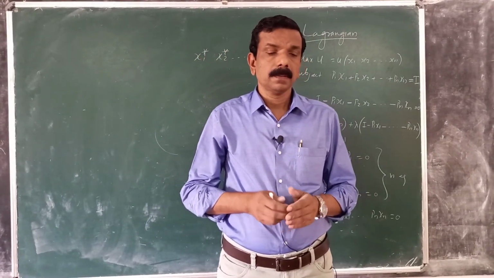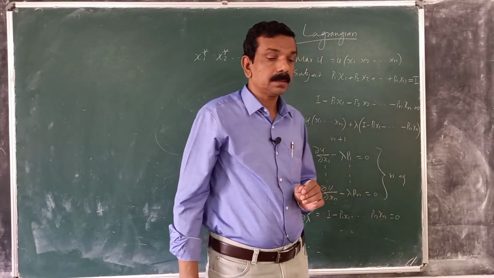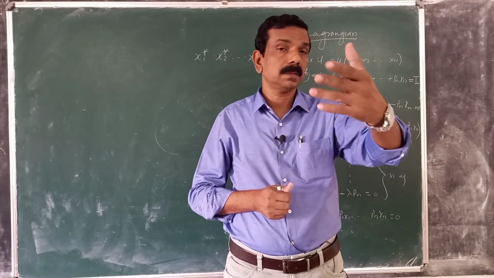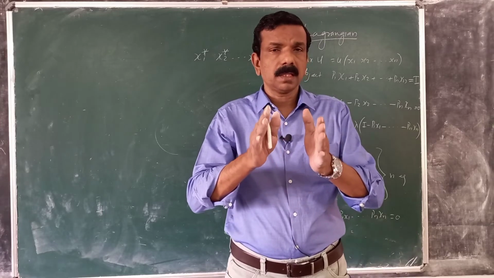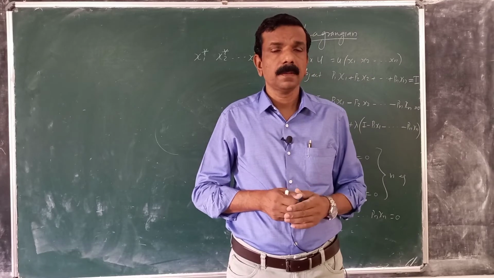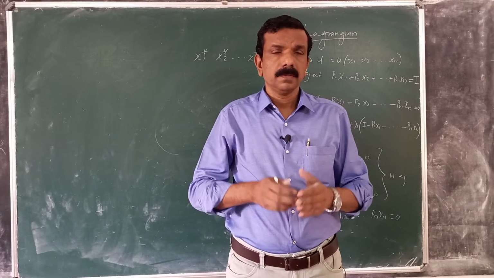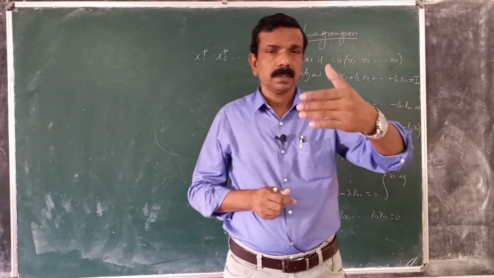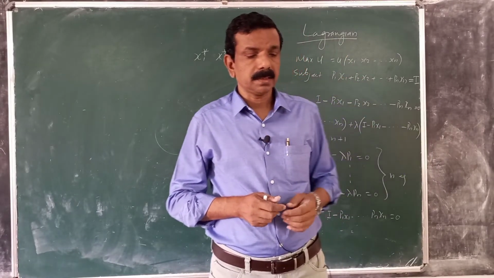This equation is the necessary condition for maximum, but not the maximum condition. To ensure maximum condition, the sufficient condition for maxima, we have to resort to matrix algebra. We have to use what is known as the Hessian matrix, etc., which we are not attempting here.